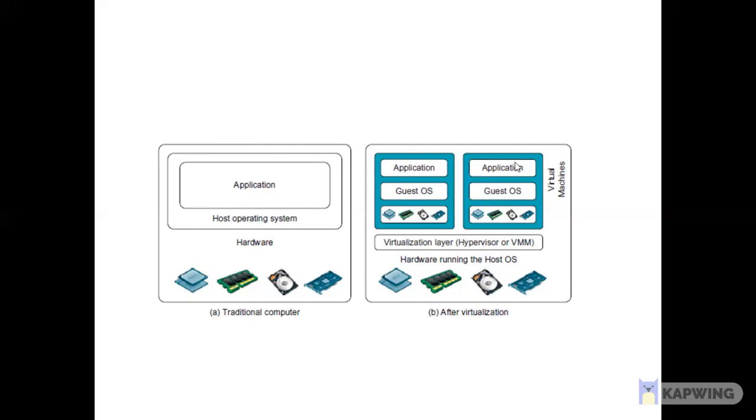And then we are creating here an application which will run on this OS. Again here, the hardware running in the host machine will be the same hardware on your guest machine also. So we are creating here a virtualization layer, that is a hypervisor. So this is how we are creating a virtual machine. So here we have created two virtual machines.